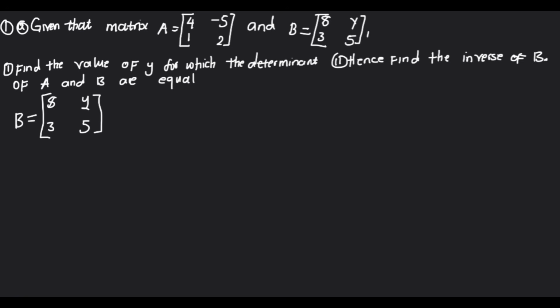We'll use this concept where we have been given a condition that the determinant of A is equal to the determinant of B. And from matrix A, we can see that all the elements are given. And since all 4 elements are given, we can find the determinant of matrix A. Okay, so let's also write matrix A here.